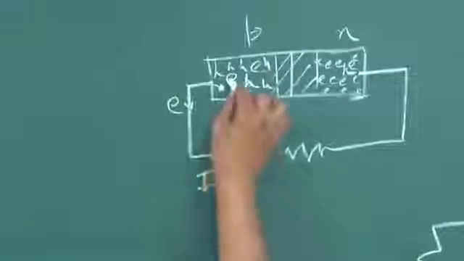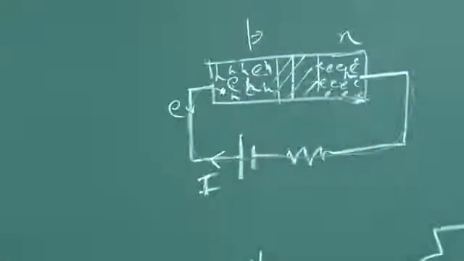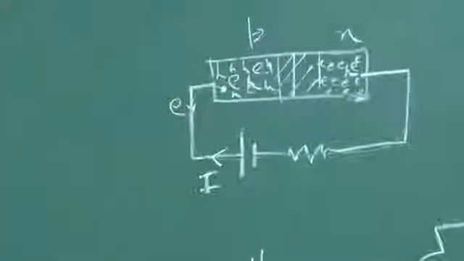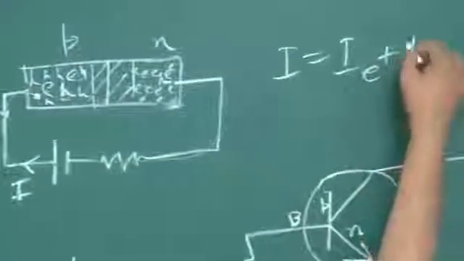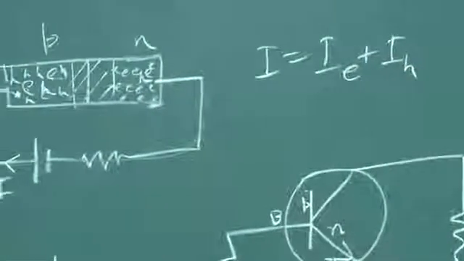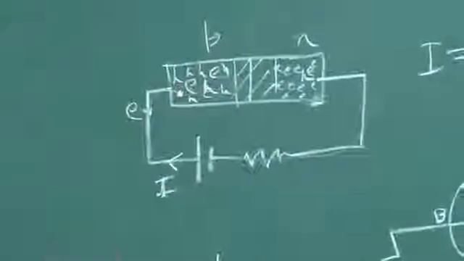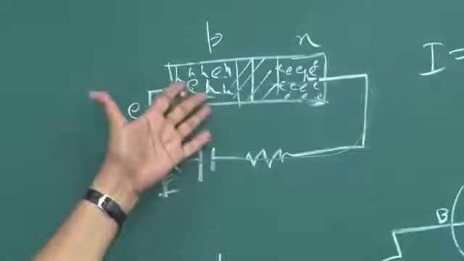And of course, once the electron is here, it will go through this and complete the circuit, and that will contribute to IE. I is equal to IE plus IH. So because of these conduction electrons, you have the current. And similar thing will happen for these carriers.